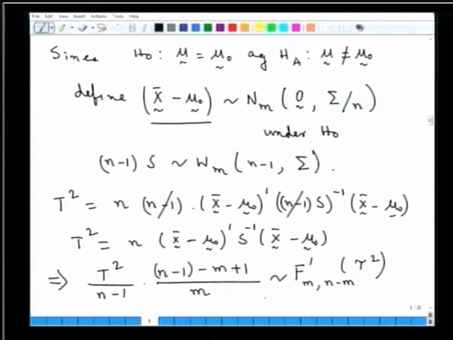Now this non-centrality parameter tau square, remember, was associated with the mean of the associated multivariate normal distribution. So this is a null vector here. So delta prime, inverse of this particular matrix, into delta would just be equal to 0, because delta is the mean vector under the null hypothesis, so tau square will be equal to 0 under the null hypothesis H naught. So we will have actually a central F distribution as the null distribution.